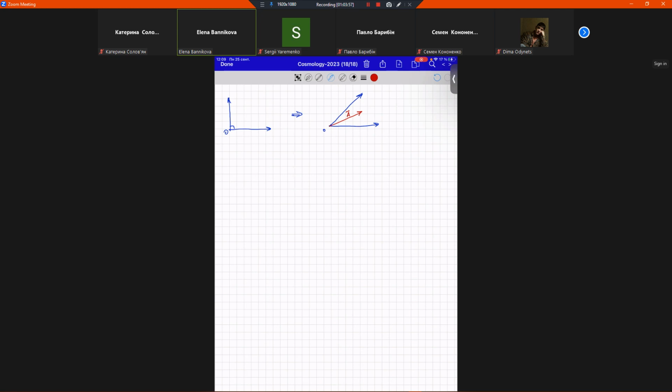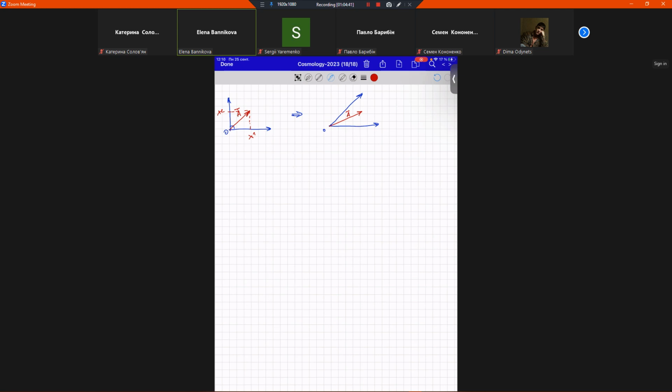We need to understand which rule we can choose to find the components of this vector. For the Cartesian reference system, everything is understandable. We just put perpendiculars, and this will be x1, and this is x2. But here, in this case, we can determine the components of the vector in two ways.